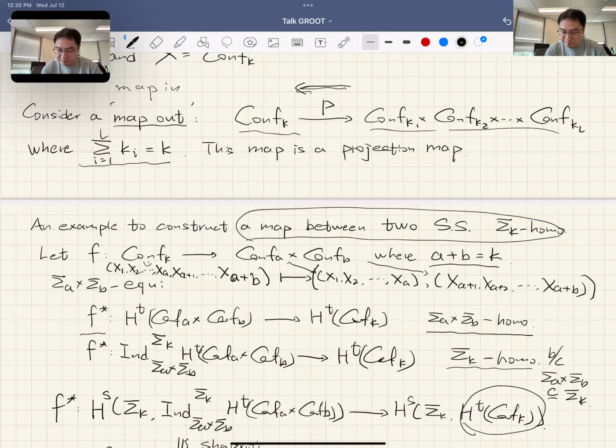Of course, I can build a map, but this map is not going to be an equivariant map. If it is not an equivariant map, then the map between two spectral sequences should not be the real map between two spectral sequences. However, you can override that part by considering the operad, but that's not the part of the discussion I want to talk about here.